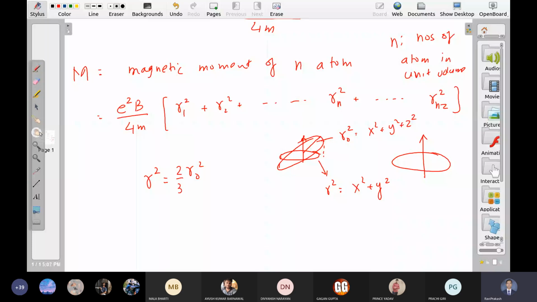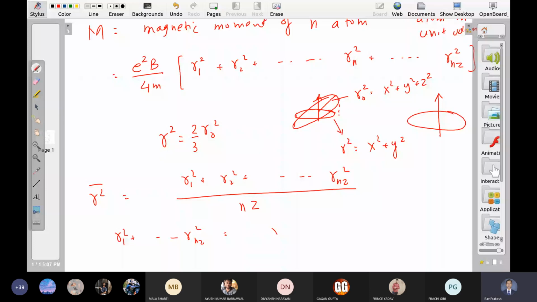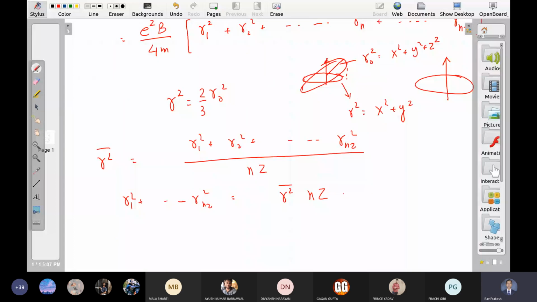What is this summation? The r square average is r1 square plus r2 square plus up to r nZ square divided by how many terms? N times Z. So this summation is simply equal to r square average into nZ. So we put all the things here, and this average r square is 2/3 r naught square average, times nZ.